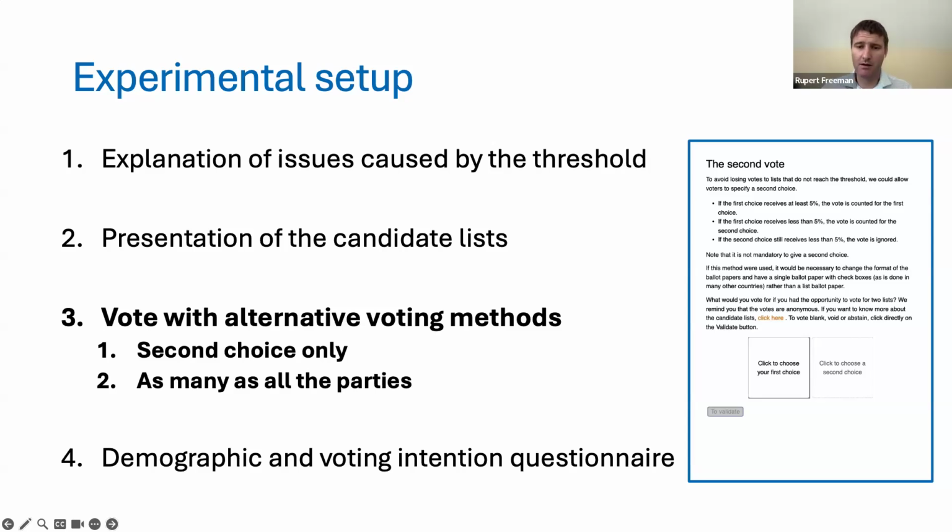Peter? Yes, for clarification, right at the beginning you were talking about voters being represented. And then you told us that every voter is basically represented by their top candidate.